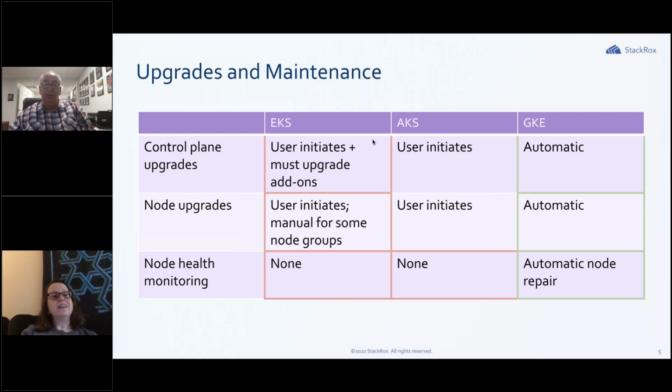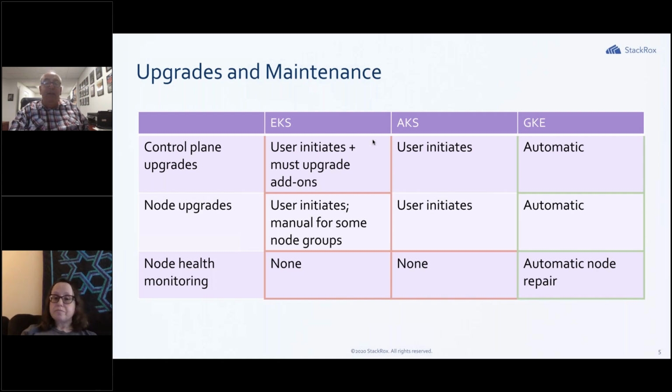You want to make sure that's healthy. Neither Amazon nor Azure have any built-in node health monitoring. You can roll your own to some extent, but they won't do it for you. Google, on the other hand, will not only monitor your health, but it will actually repair your nodes. And by repair, I mean if it's something it can fix, it will do that, or it will terminate that node, and so you will get a replacement node.